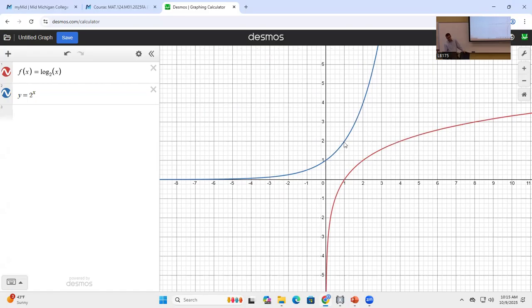It also goes through 1, 2. Notice what the log function does. It goes through 1, 0 and 2, 1. So we're exchanging the roles of x and y there. Everybody get that? So these, in some sense, are inverse functions of each other if we restrict the domain properly.